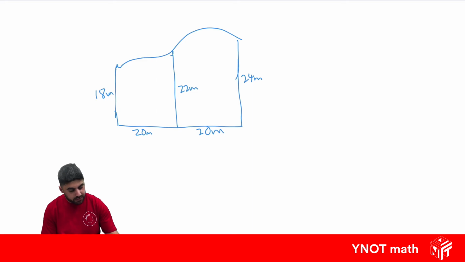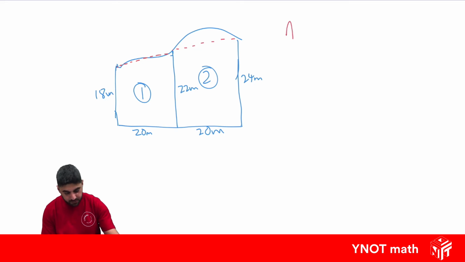So all we're going to do here is pretend this is two trapeziums, being 1 and 2. We're going to find the area of each one of those and add them together. So we're pretending they're trapeziums by doing that.